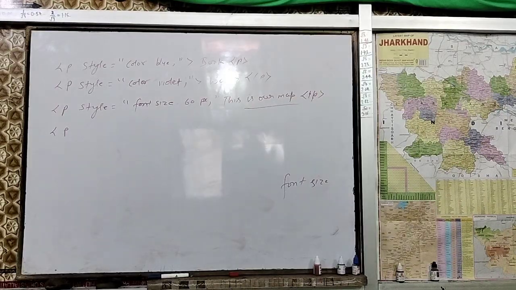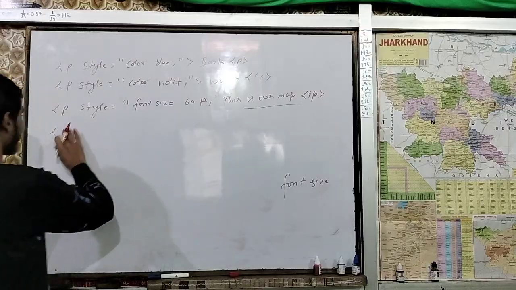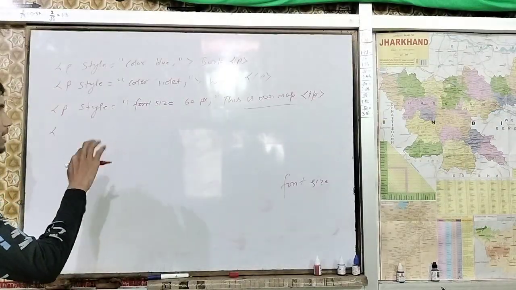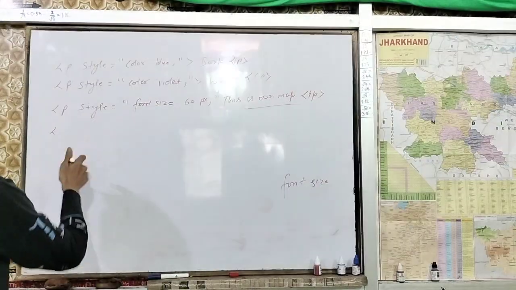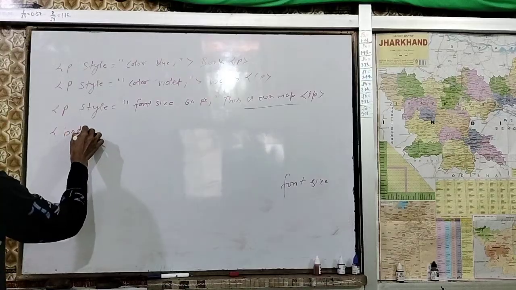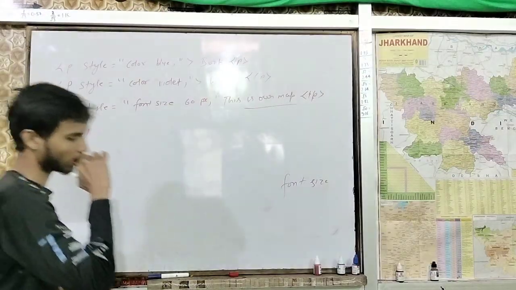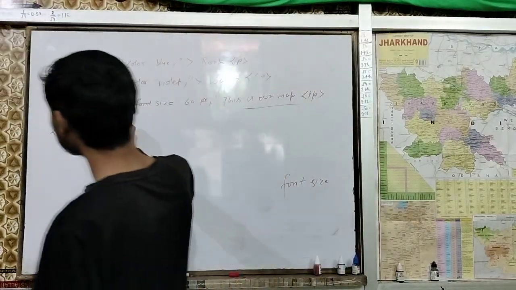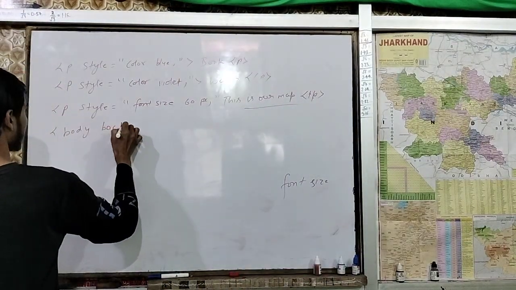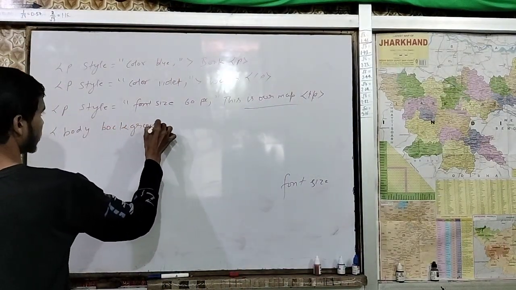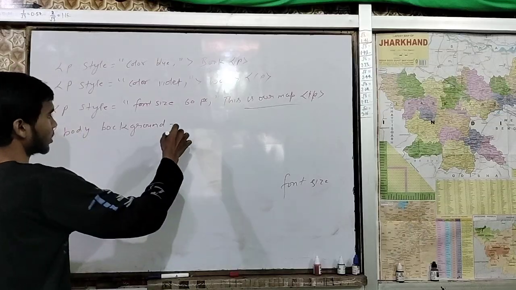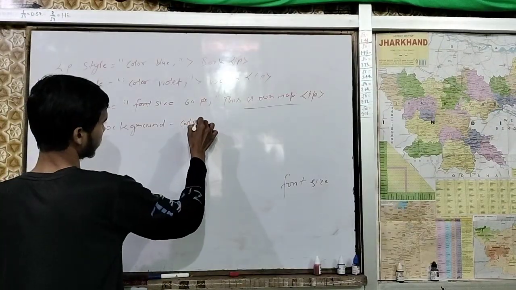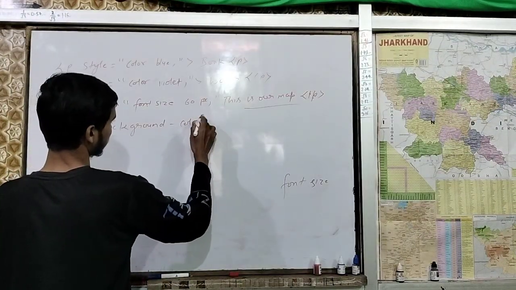Yes, body. This attribute is coming inside body. So body. Now what? Background color. Okay, so this background, then color.